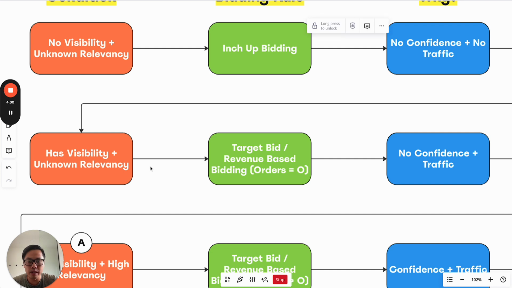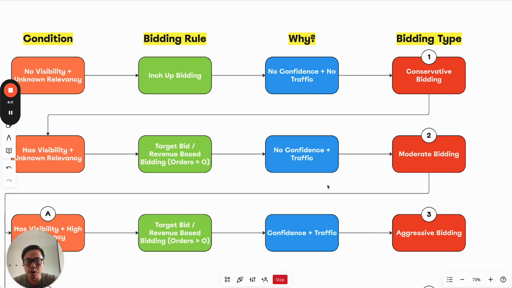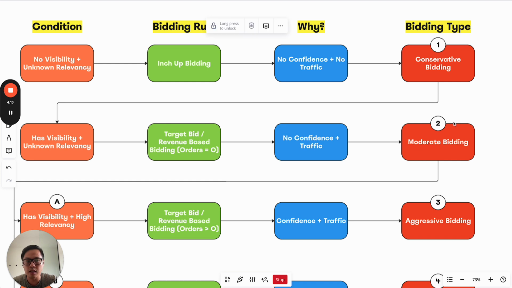And again, at this point, we have no confidence here because we haven't triggered any orders, but we're at the point where we can get traffic for it. So we want to increase the style of bidding. This is what I'm going to be calling moderate bidding.